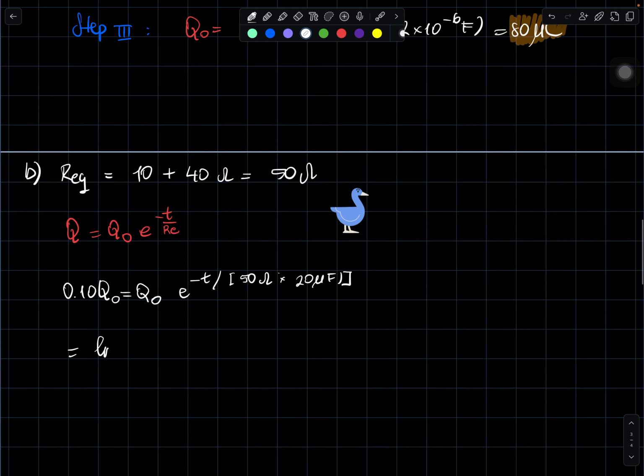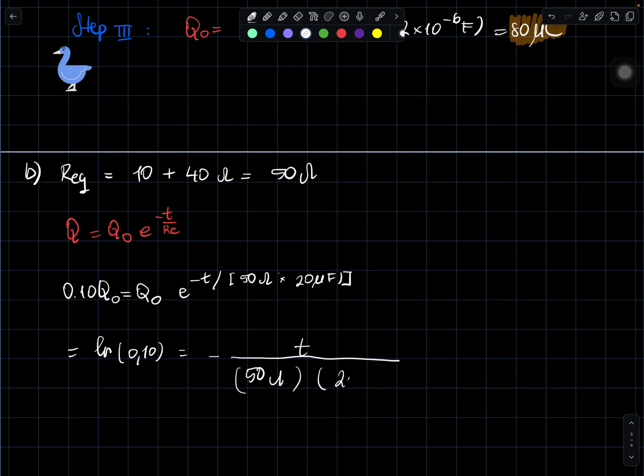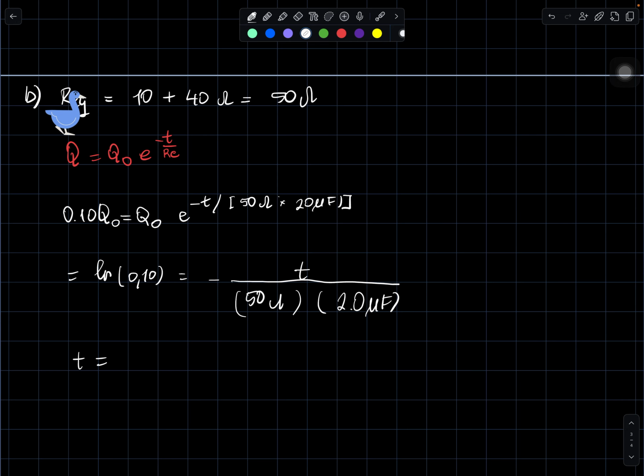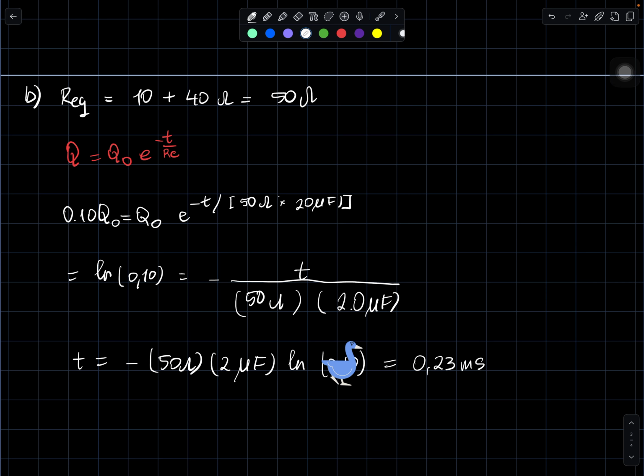This equals ln 0.10 equals minus t over 50 ohm times 2 microfarads. So time equals minus 50 multiplied by 2 microfarads ln 0.10, which equals 230 microseconds.